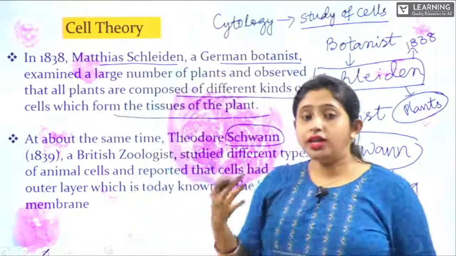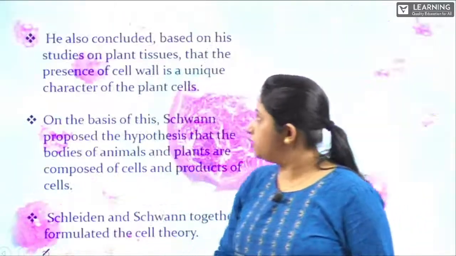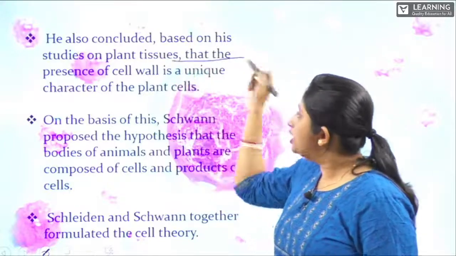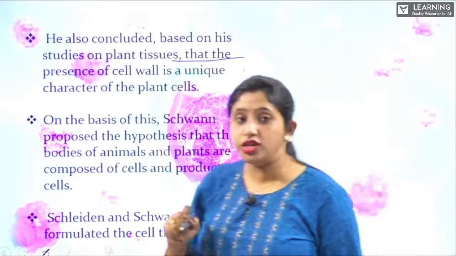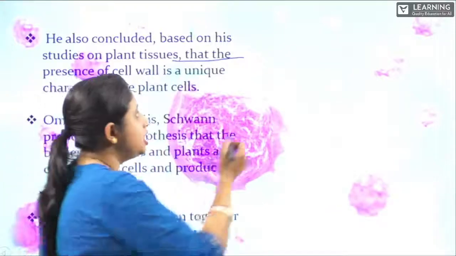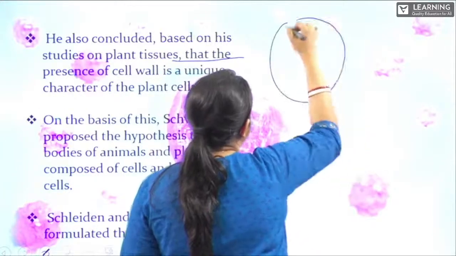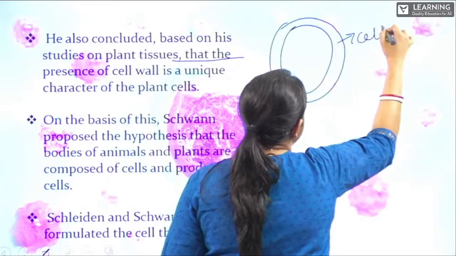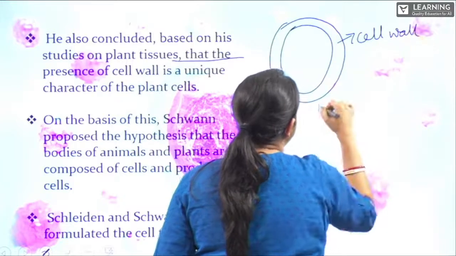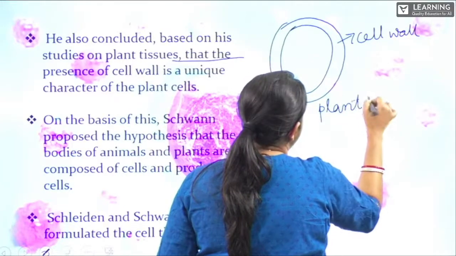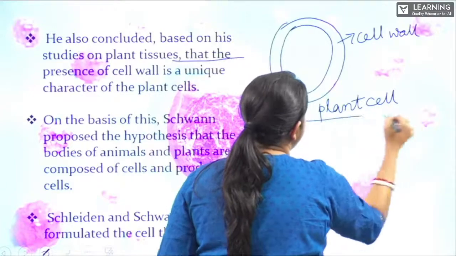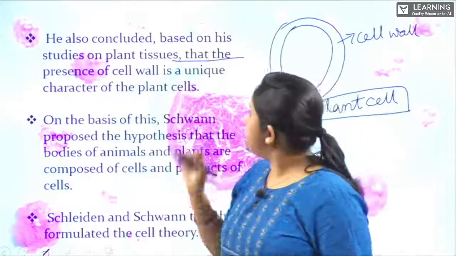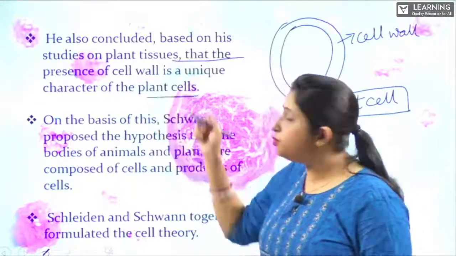So now they came up with a theory. He also concluded, based on the studies of plant tissues, that there is a presence of a cell wall. He said that plants are covered with an outer membrane known as the cell wall, which is a character of plant cells.